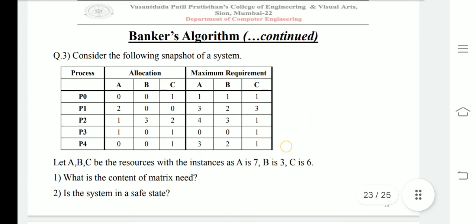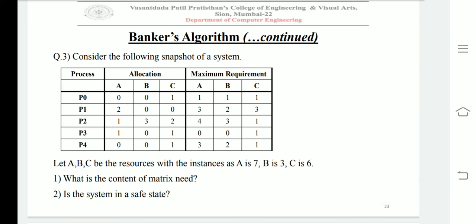So now I am proceeding with the next example. Again you can see the snapshot of a particular system which has 5 processes and some resource instances. But here you can see the difference in this example, that the available resource is not given like in question number 1 and question number 2.